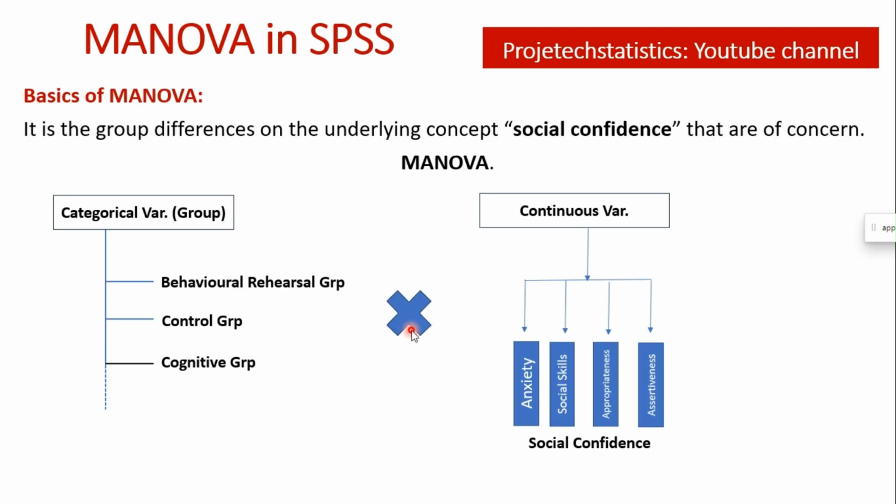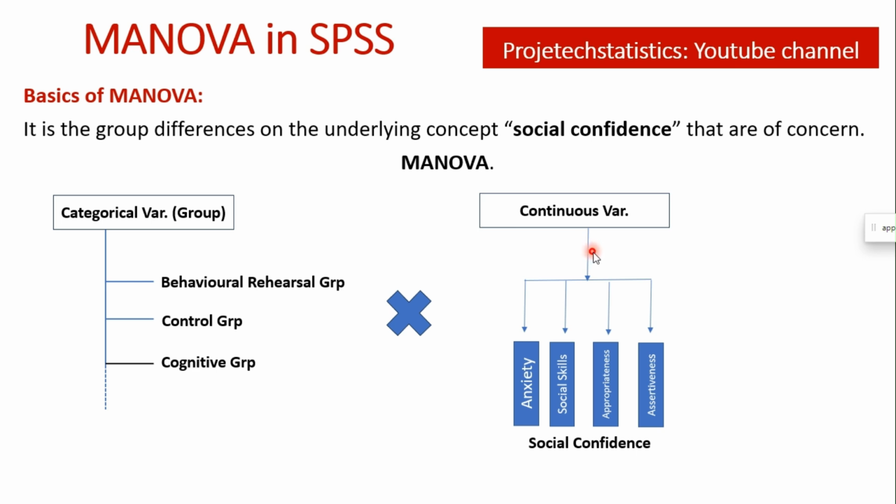Now, to set up MANOVA, this is a diagrammatic structure of how it can be set up. Here we have social confidence, which is the variable we are interested in measuring.